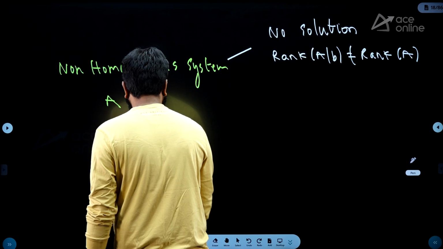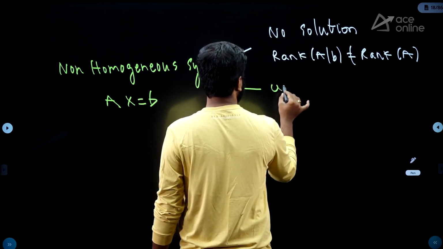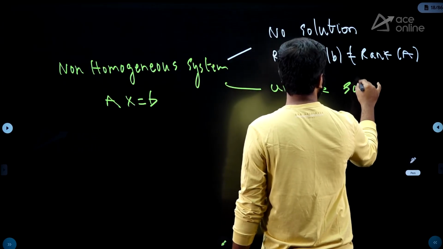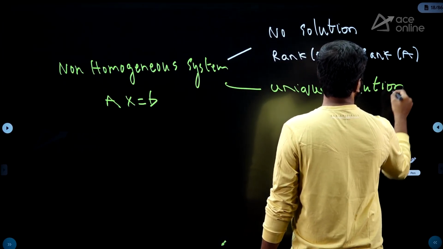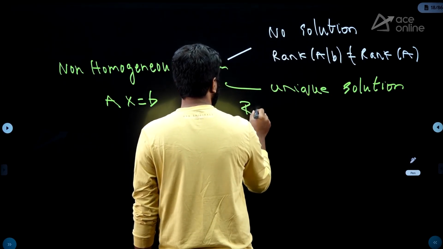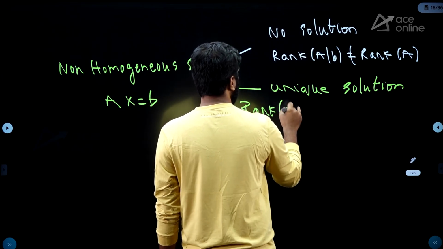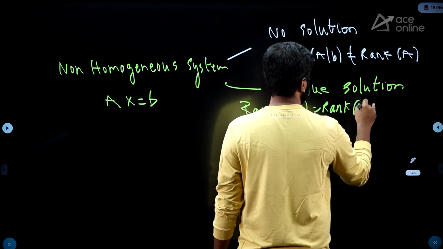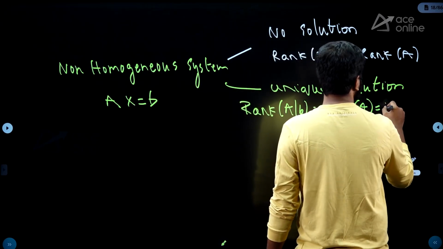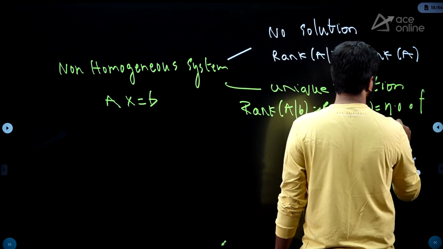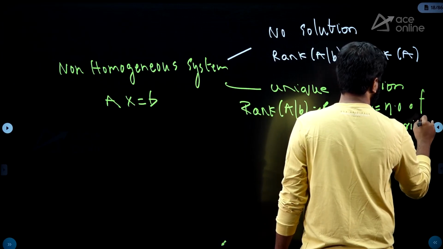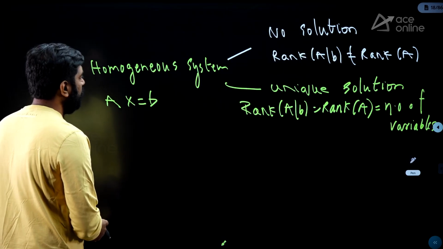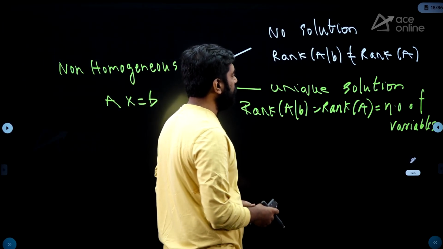Unique solution. When does this happen? When rank of AB equals rank of A equals the number of variables. So you get a unique solution whenever rank of AB is equal to rank of A equal to the number of variables.